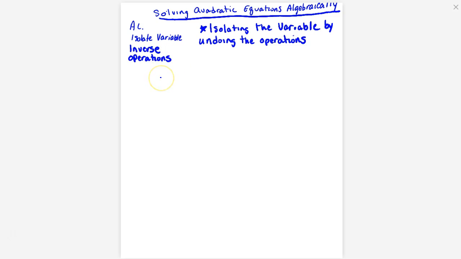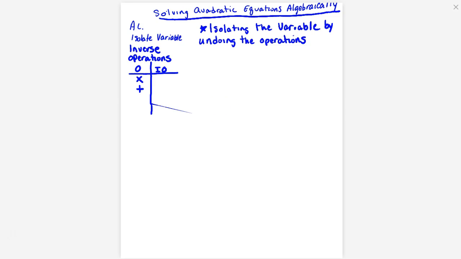And I want you guys to make a little table here where you have the operation and the inverse operation. I'll put the operation down, and I want you guys to put the inverse operation. If the operation is multiplication, what's the inverse operation? If the operation is addition, what's the inverse operation?